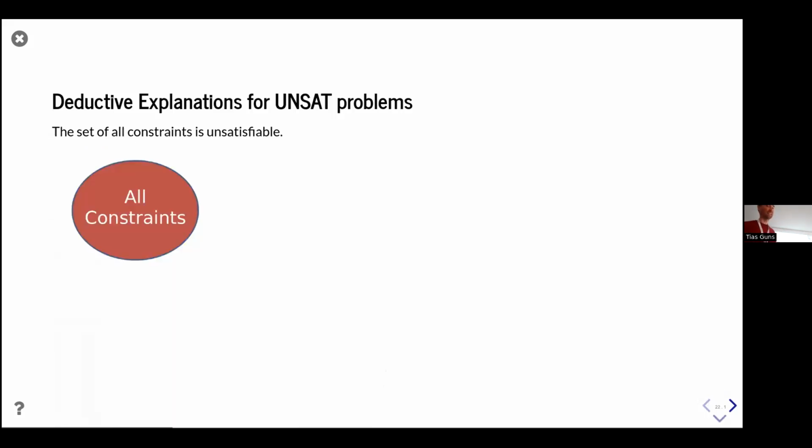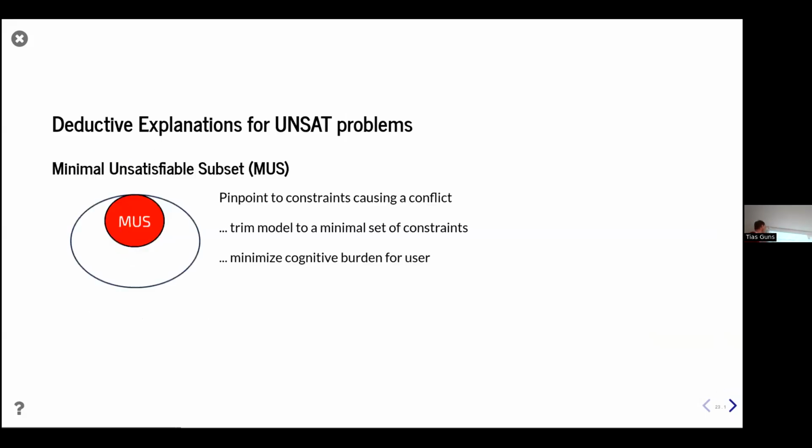If we look at why this problem is unsatisfiable, all we know at this point is that all of the constraints together make the problem unsatisfiable. But do all of these constraints actually contribute to it? If you think back to the graph example, the answer will be no. So a more reasonable explanation to show is, for example, a minimal unsatisfiable subset.